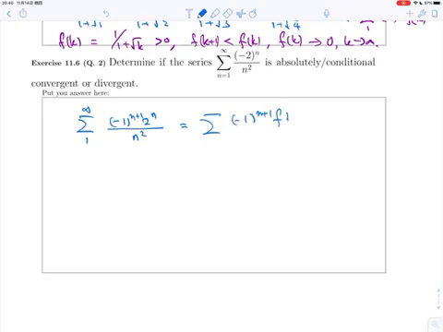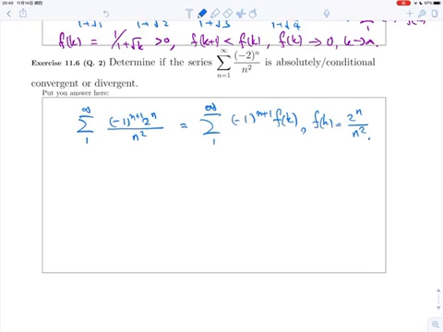So you can have fk from 1 to infinity, and fk is going to be 2 to the n over n squared. All right, so it does have an alternating behavior, in that the individual terms alternate between plus and minus.